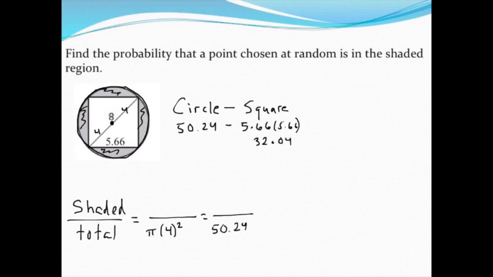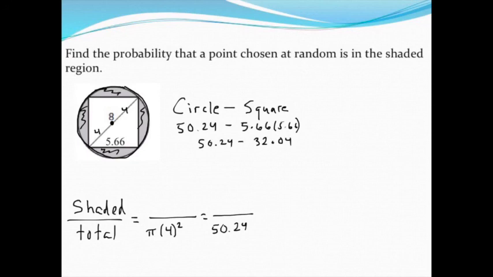Now, once again, that's not the number that I put in the top of the fraction, since that is not the shaded area. I suppose there's a way we could do that. If we plug that in, we'd find the probability that we don't land in the shaded region, which could help me find out the probability that I do land in the shaded region, if you get what I'm saying. Instead, let's just go ahead and subtract. I think that's going to be easier for most people.